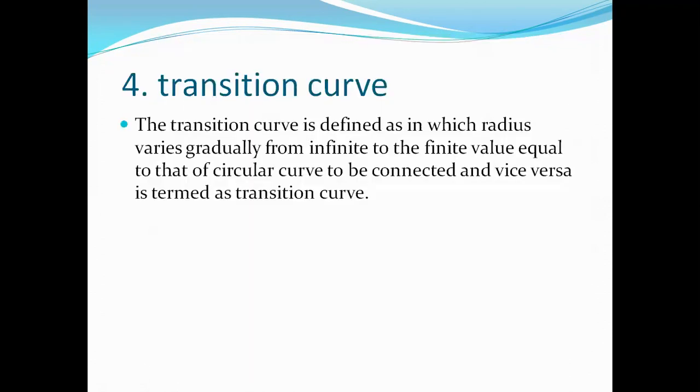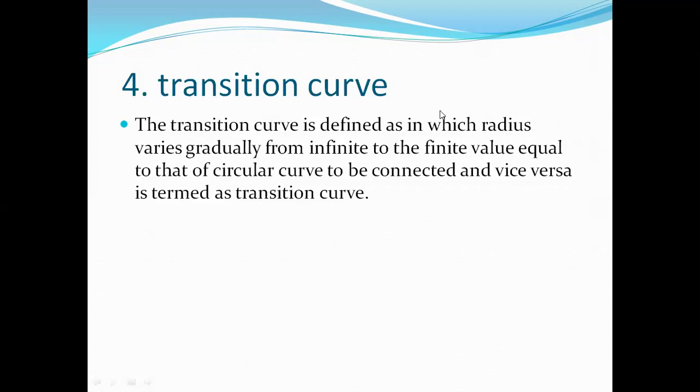Now in today's lecture we are going to discuss the fourth type of horizontal curve, that is the transition curve. What is the transition curve? The transition curve is defined as the curve in which the radius varies gradually from infinite to the finite value equal to that of the circular curve to be connected, and vice versa.